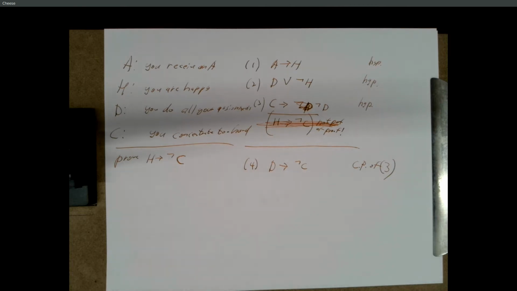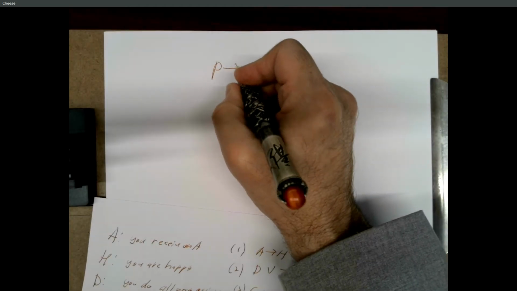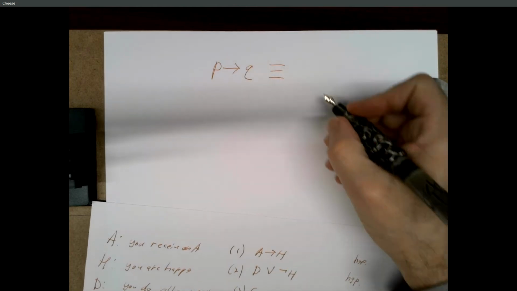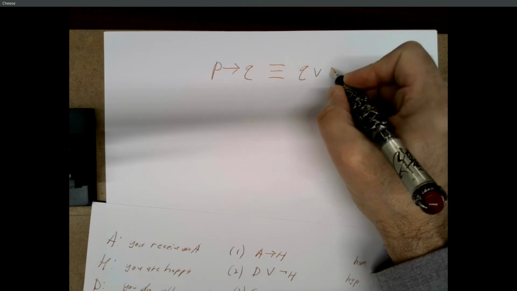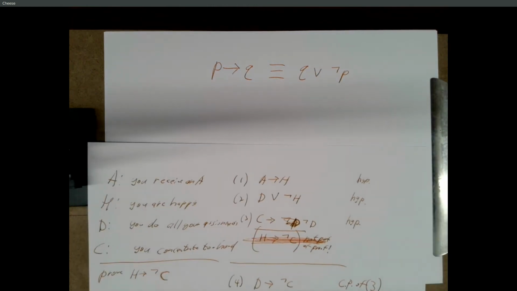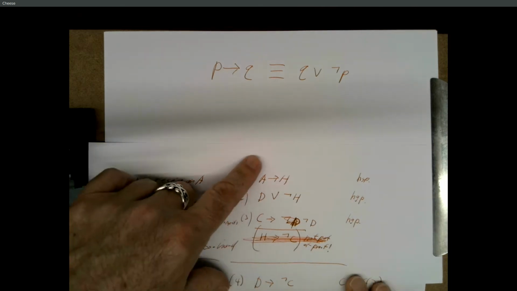There's something we can do that can get easily overused, called conditional equivalence. Conditional equivalence basically says if P then Q is logically equivalent to Q or not P. It's a way to change an if-then into a disjunction, or a disjunction into an if-then.